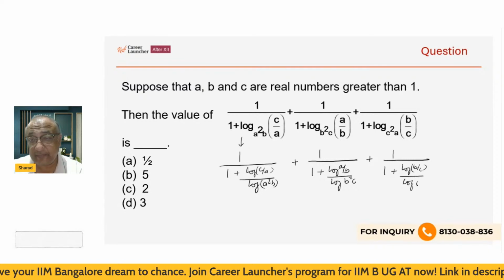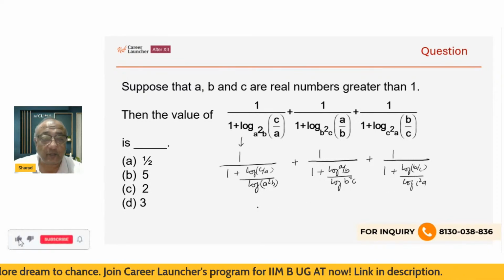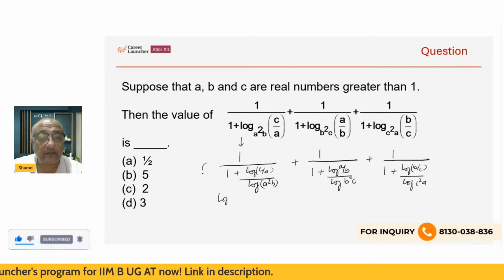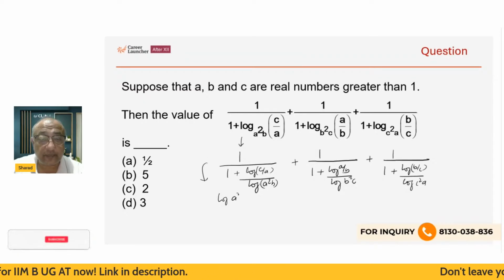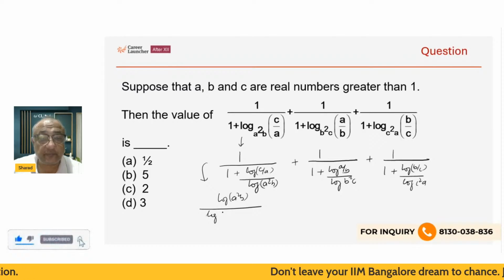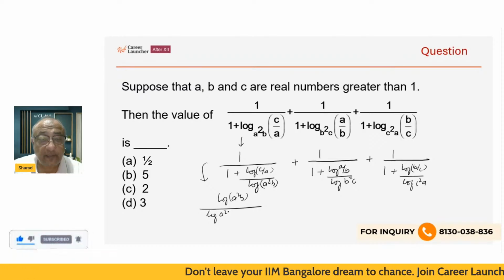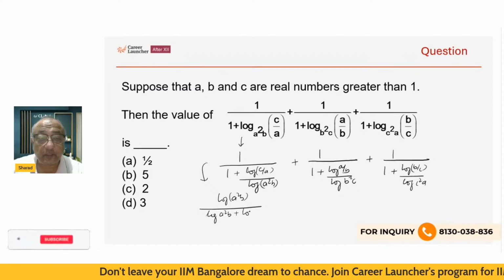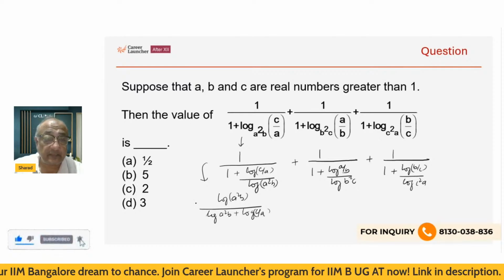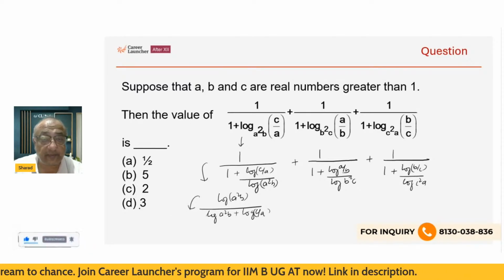It will reveal itself. Let us see whether it does or not. I'll take a simple LCM. This one part we will focus on. Log a square b will come upstairs. Downstairs it will be log a square b plus log c by a. I will only solve one part because it is a symmetrical thing, so a similar thing will happen elsewhere also.